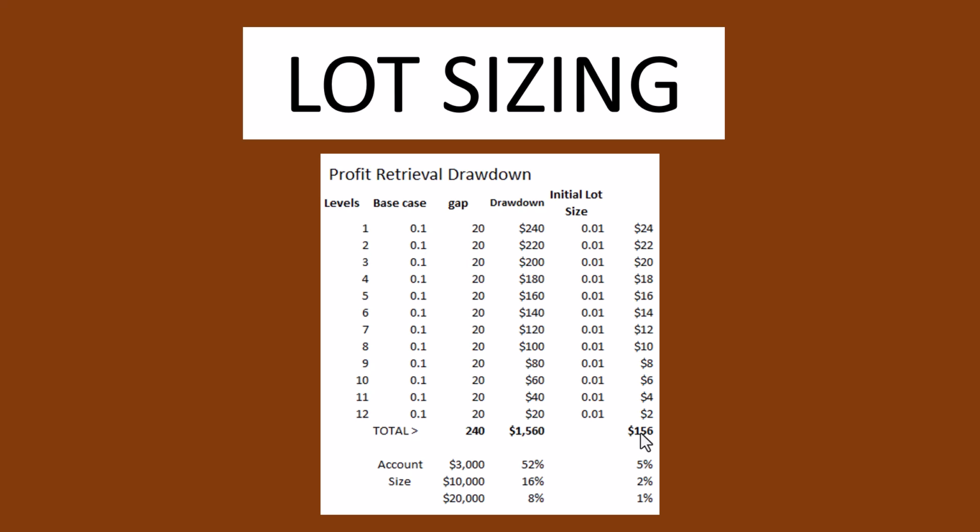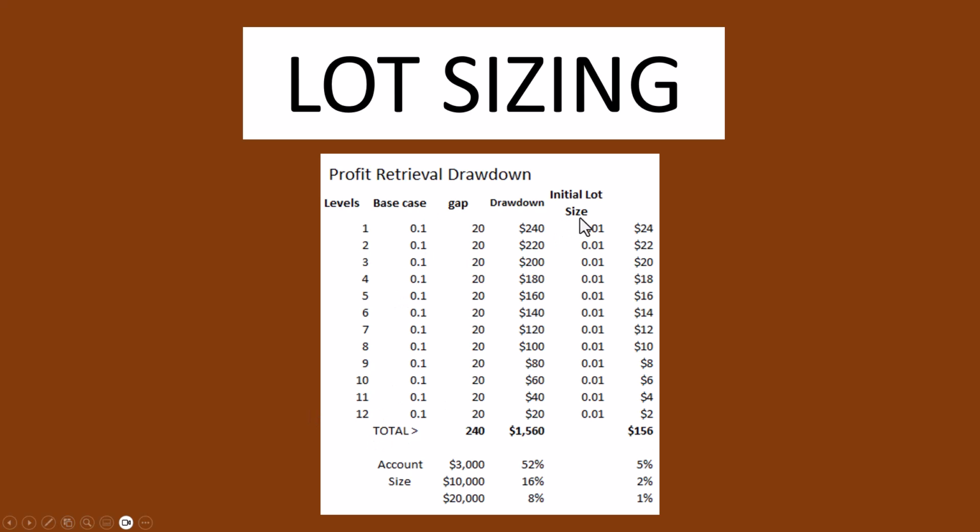Exactly. That is what greed is all about. People that are too greedy will increase their lot sizing to a point where their risk becomes unrealistic. So rather trade low lots, make small profits, than trade large lots and blow your accounts. That's basically the choice you need to make.